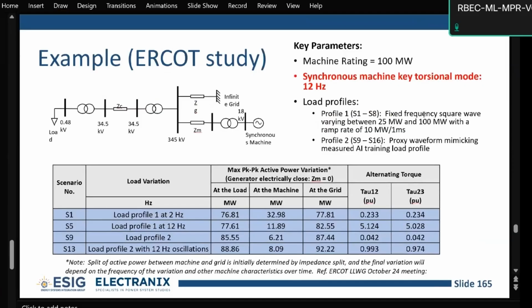So we have a load on the left, transformer, collector, transformer, and then we have an impedance towards an infinite grid and a split to another impedance and a synchronous machine. So by varying these impedances, ZG and ZM, we can basically mimic a machine that's far away or close, or even co-located and disconnected from the grid if we make this ZG really high.